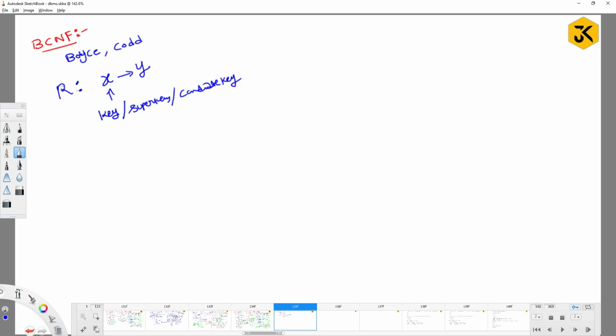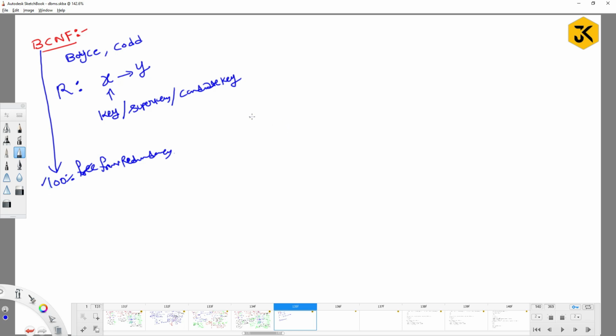So this BCNF is going to eliminate complete redundancy, meaning that it is going to be 100% free from redundancy. Why? Anyone? Any reason? Because the left side is a kind of a key. If the left side is a key, what is the meaning of it? Definitely it contains all the unique keys. When all the unique keys are there, is there any chance to delete any data? No. So that's the reason it is going to be in BCNF and it can eliminate the redundancy.